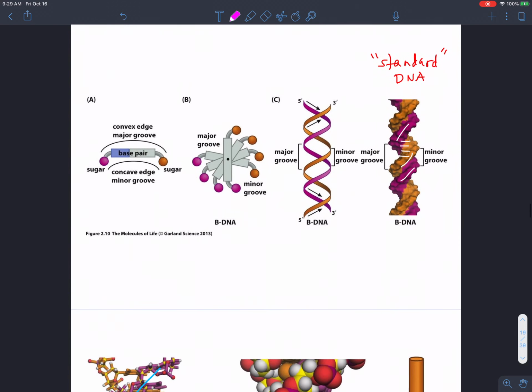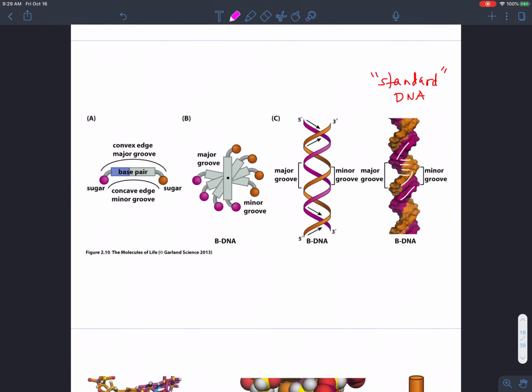All right. Each DNA base pair kind of looks like this. It's not just a straight, across thing with a sugar over here and a sugar over here and the bases in between. It's kind of a bent or curved thing.